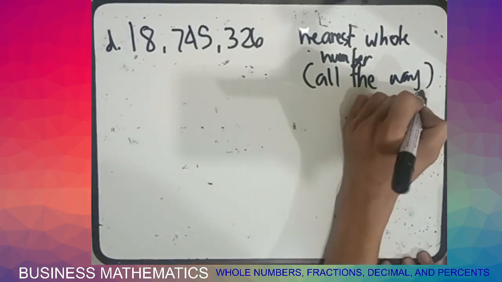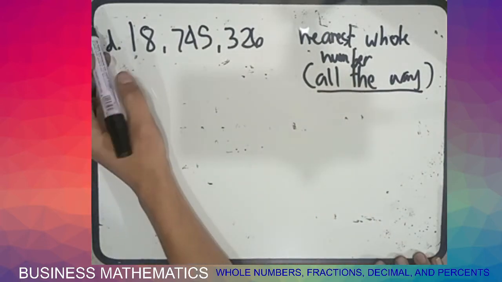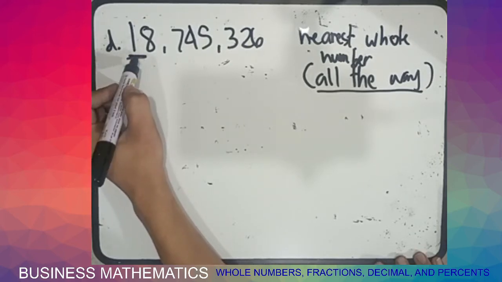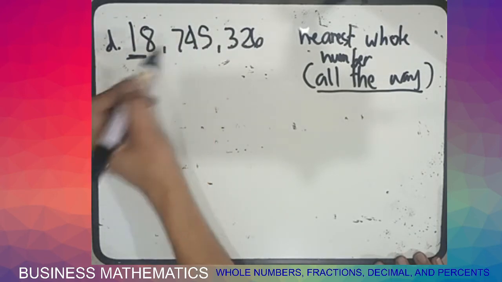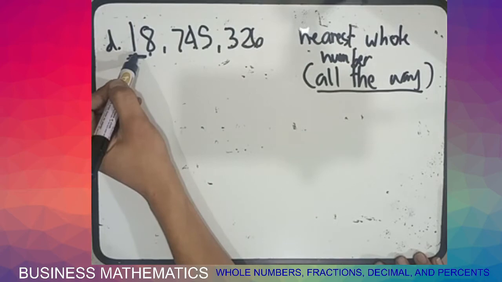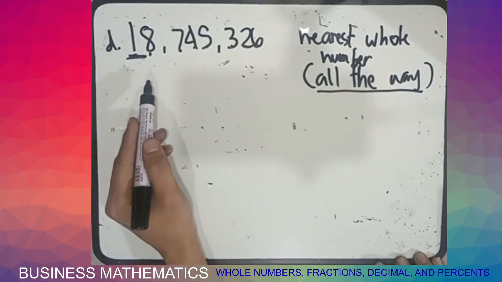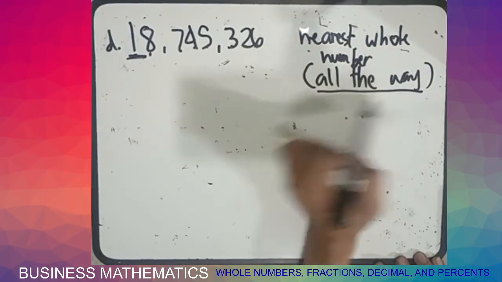18,745,326. O, yung tinatawag na all the way. So, ibig sabihin, pag all the way, ang sagad niyan, sagad na place value niyan ay yung nasa unahan. So, ang place value niyan ay ones, tens, hundreds, thousands, 10,000, 100,000, million, 10 million. So, i-round off natin siya in the nearest 10 million. Or yung tinatawag na nearest whole number or all the way.